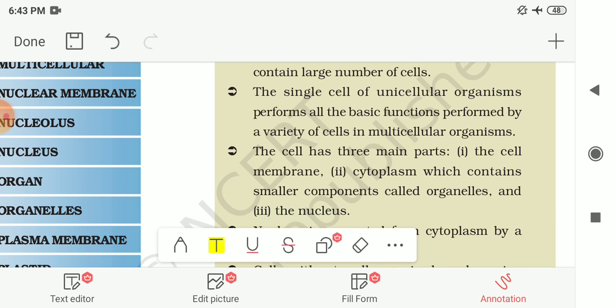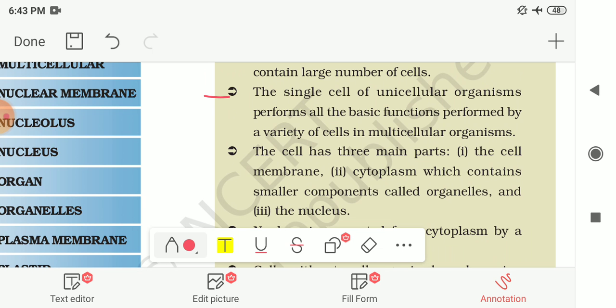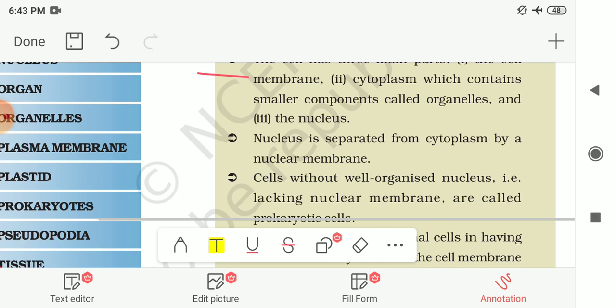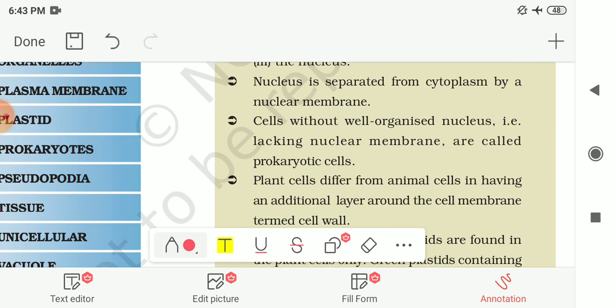The single cell of unicellular organisms performs all the basic functions performed by a variety of cells in multicellular organisms. The cell has three main parts: first is the cell membrane, second is the cytoplasm, which contains smaller components called organelles, and the third part is the nucleus. The nucleus is separated from the cytoplasm by a nuclear membrane.